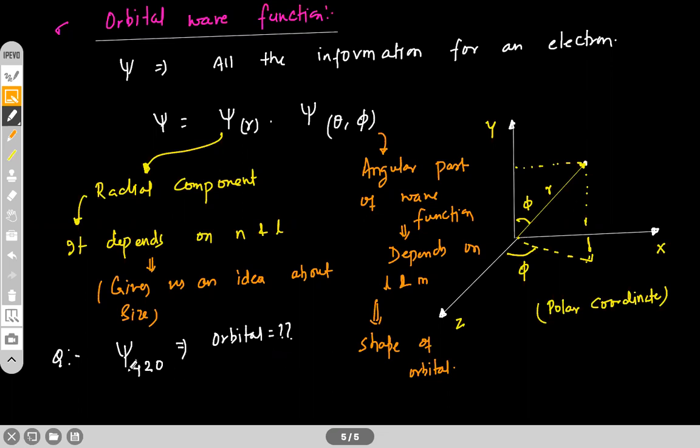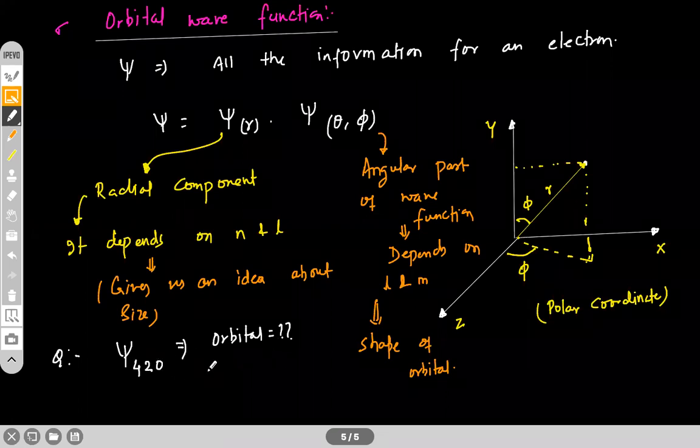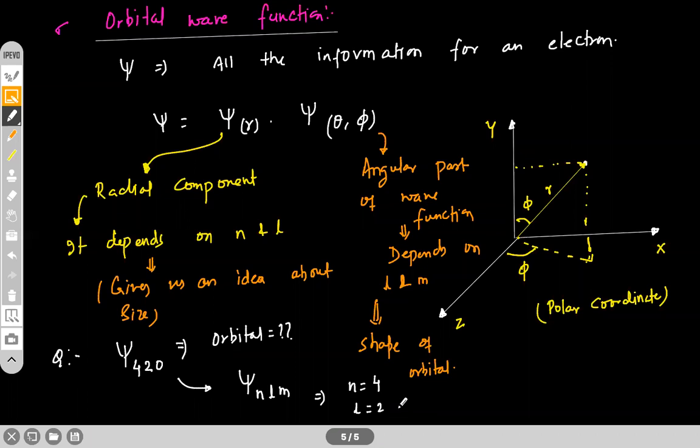So these numbers actually signify something. Psi 420 is nothing but N, L and M.